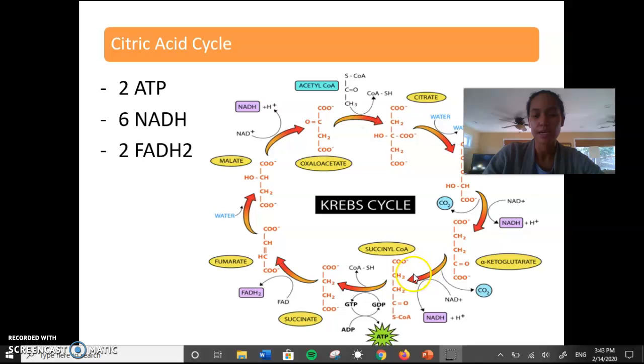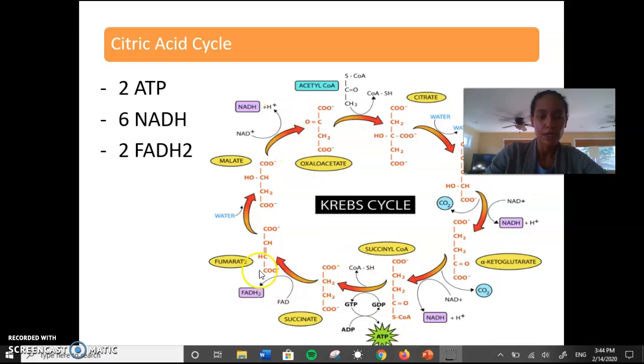So we see that NADH is formed in these reactions in this cycle, and there are 3 NADH, and we have to multiply by 2 because 2 molecules of pyruvate have been formed. So we're going to double all of this. So this is going to be 6 NADH in total.